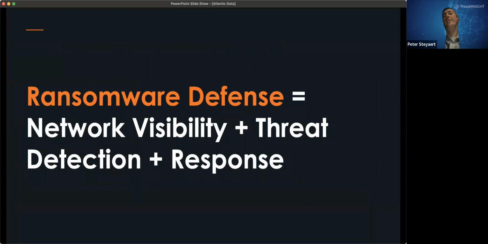So when we look at ransomware defense, the threat insight or the Gigamon perspective to ransomware defense is really network visibility plus threat detection and response are crucial for this information, right? You can't do one without the other. EDR or endpoint detection and response is a great place to start, right?